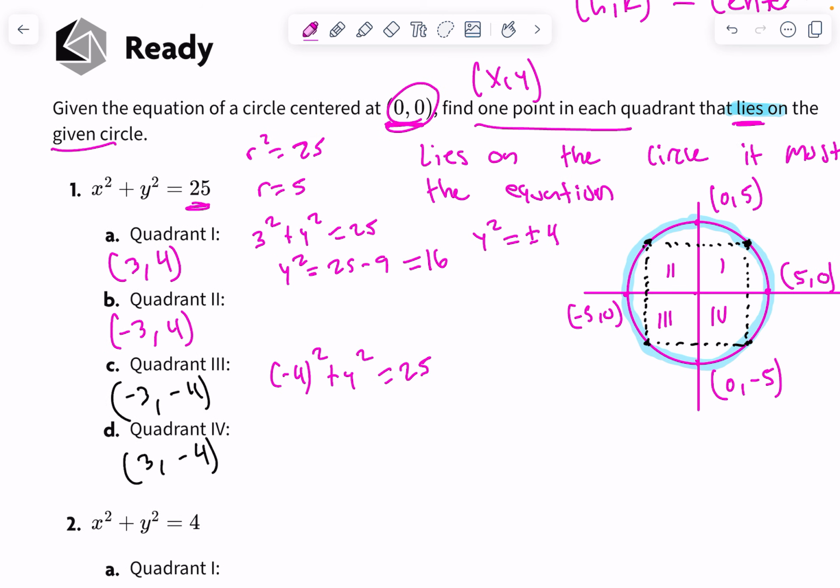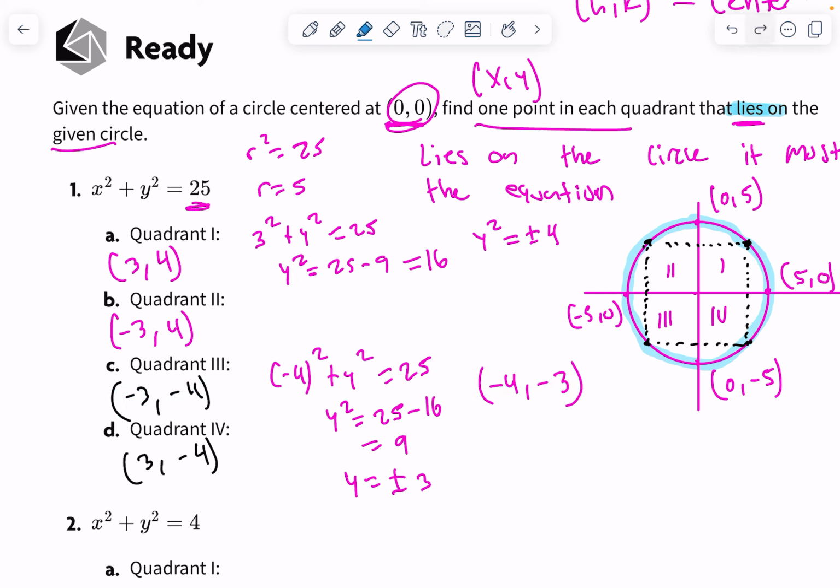So then y squared is equal to 25 minus 16, which is equal to 9. So then y is equal to plus and minus 3. So my other point could have been that x was negative 4 and y was what? Negative 3, right? So these two are totally acceptable, right?